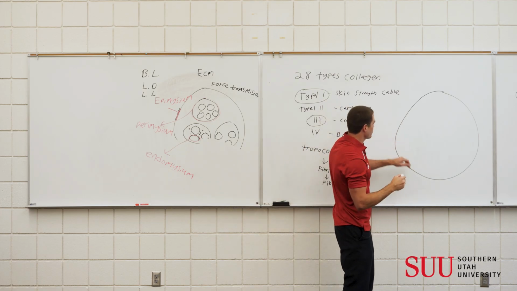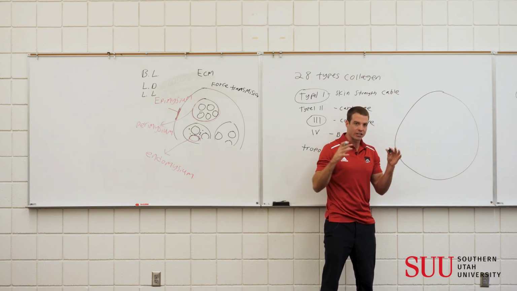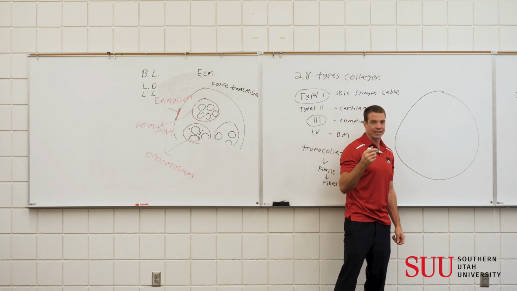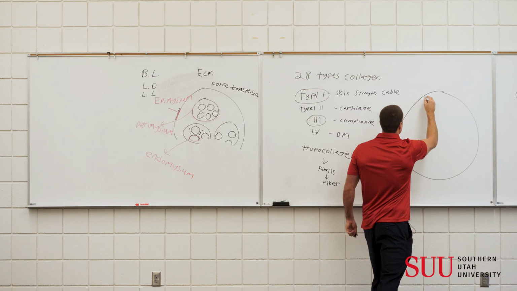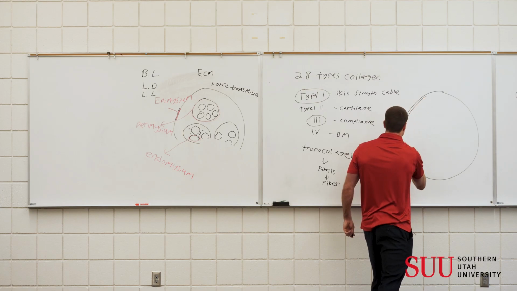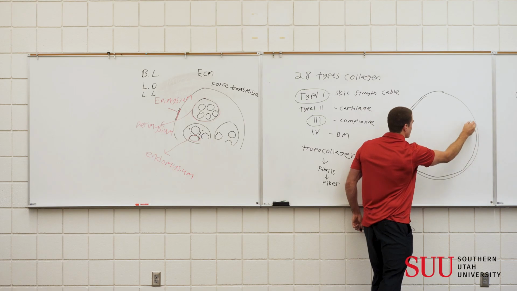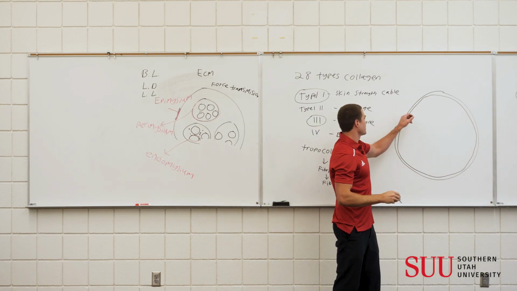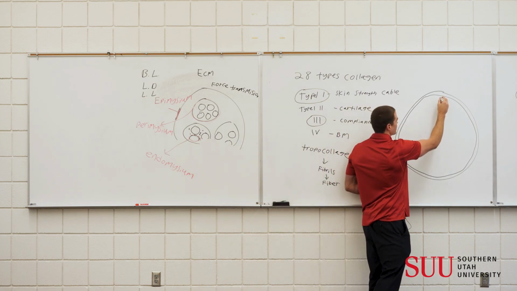So actually, let's call this the endomysium, okay? Remember, you have the endomysium, and you go underneath that, and that's when you're going to hit the basement membrane. And with the basement membrane, if we draw this, it goes right up against the endomysium. And this would be called the reticular lamina, okay, this part of the basement membrane.